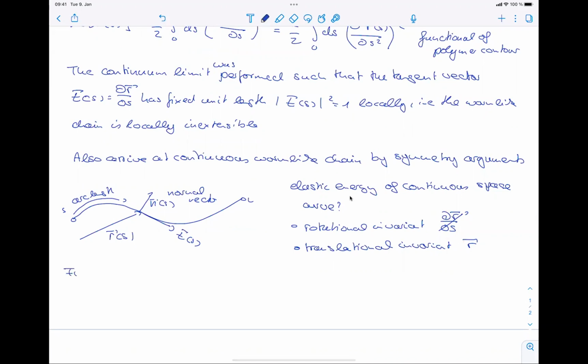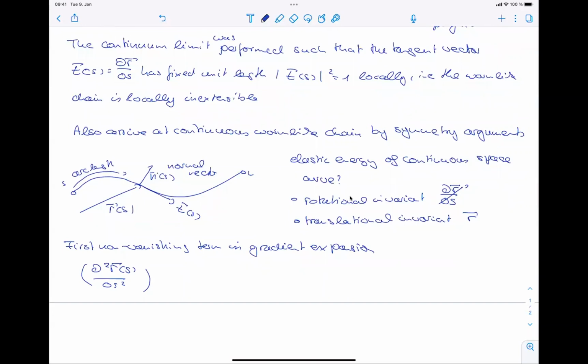So the first non-vanishing term in the gradient expansion is then the S squared.